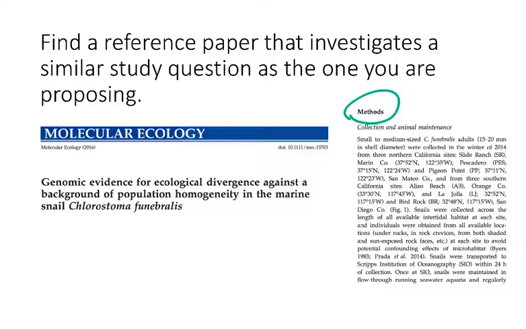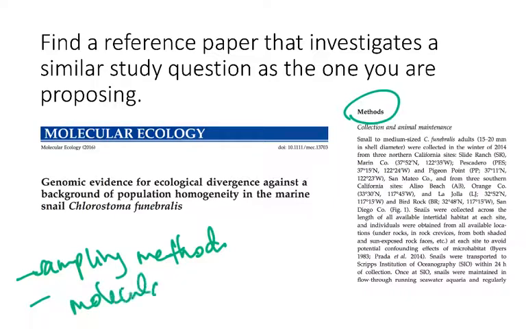So you might need one paper, for instance, that gives you some information about the sampling methods for your particular organism. And then you might need another paper for the molecular methods or analysis.